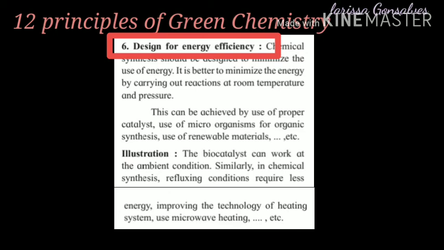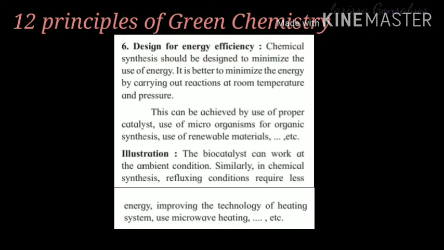Chemical synthesis should be designed in such a way that it reduces the amount of energy used. A way to reduce the use of energy is to carry out the chemical reactions at room temperature and pressure. This can be achieved by proper use of catalyst, by use of microorganisms for carrying out the synthesis of organic substances, and also use of renewable materials.